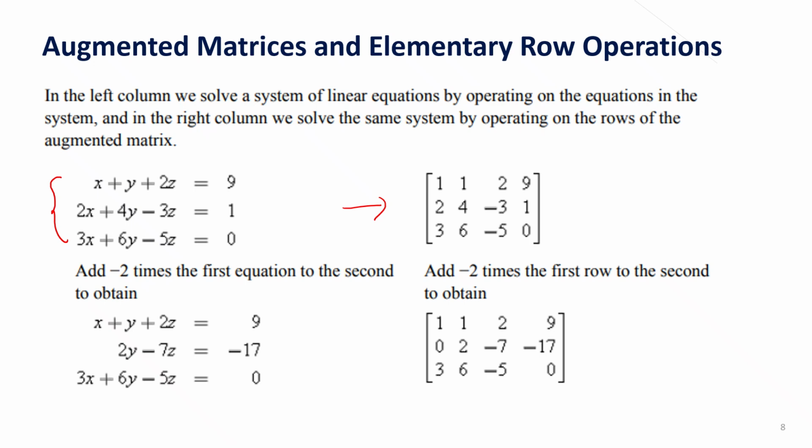So first, in order to convert from the linear system to the augmented matrix form, you can see here that each column represents a part of the augmented matrix.